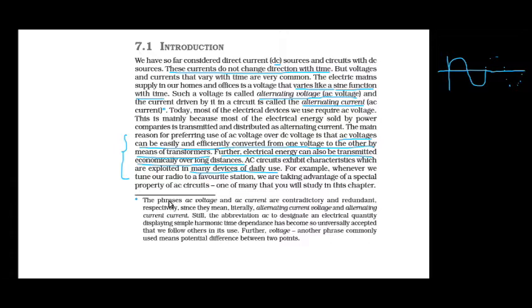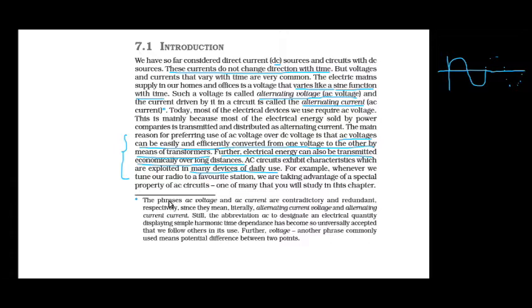So the power unit can be situated in a long distance, 100 kilometer, 200 kilometer far away from the town or city, but AC current supply can easily, conveniently and economically reach those cities, towns and villages. So if this is AC current, then it is possible. For DC current it is not possible.